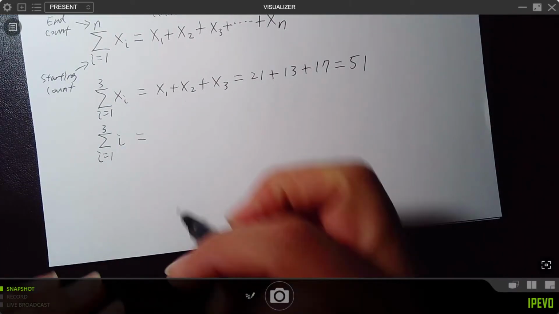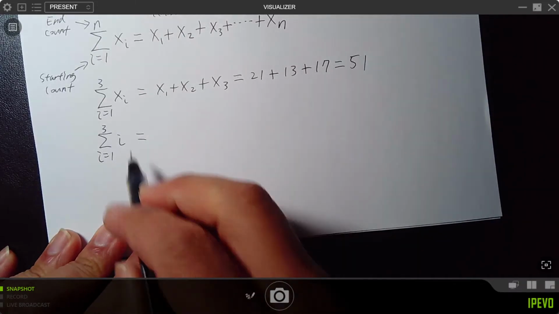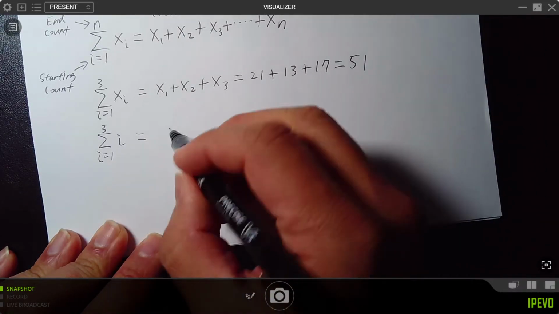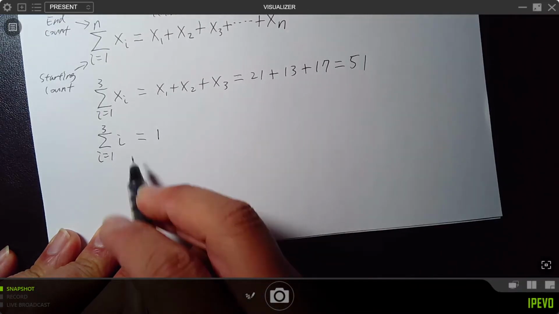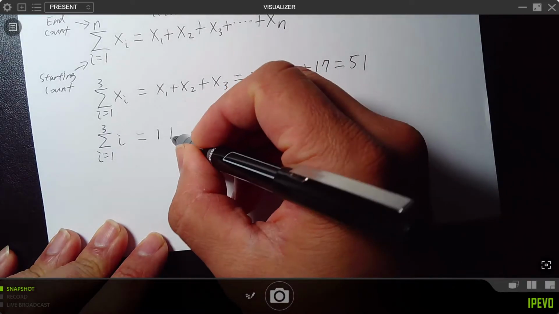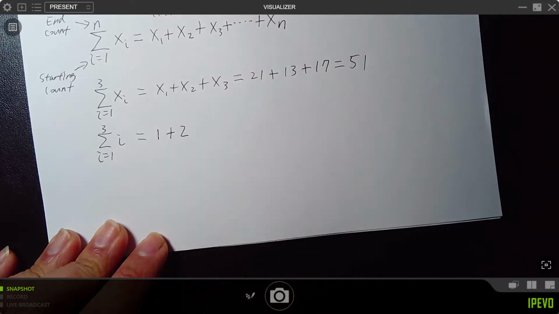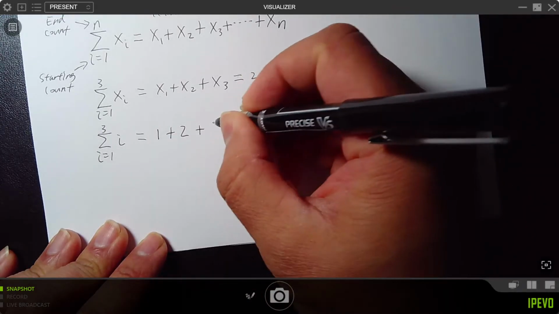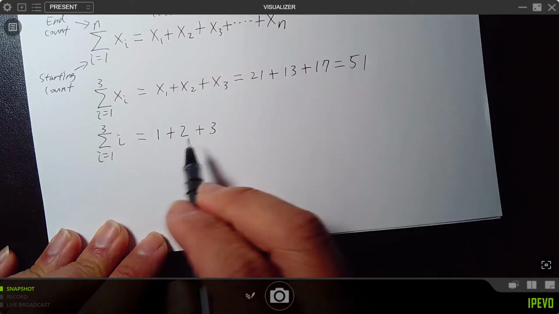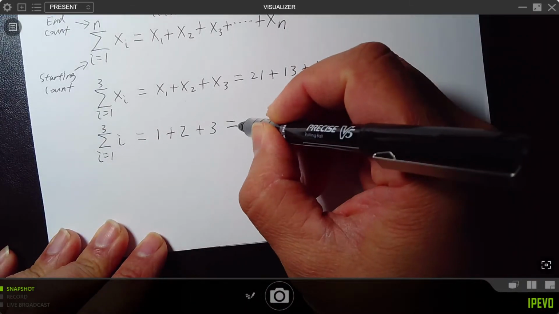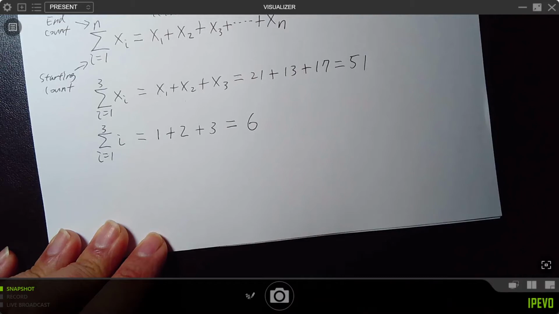Keep it simple. i is 1 right now, so I just look inside the summation. I replace the i with a 1. That's 1, and there's nothing else there. I move on. What's after 1? 2. Add 2, because now i is 2. And then after 2, i becomes 3. I stop at 3, and that's it. So that would be 6.